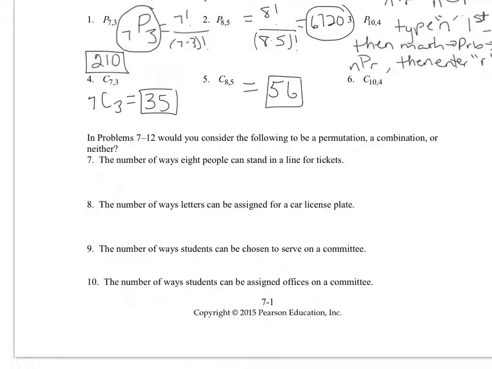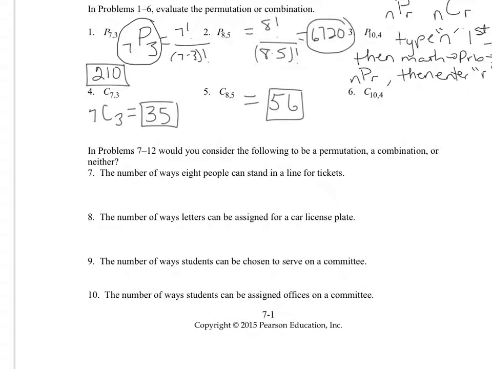If Tom is the first person in line and I decide I'm going to switch him with the person who's number 8, do you think Tom is going to care? Yes, I think he will, especially if it's a first come, first serve. They're trying to buy tickets, and if 7 people go before him and they buy all the tickets up, he's out of luck. That means this is a permutation.